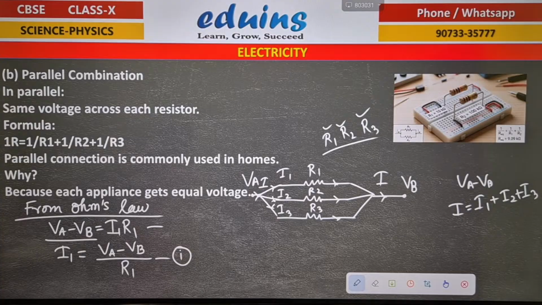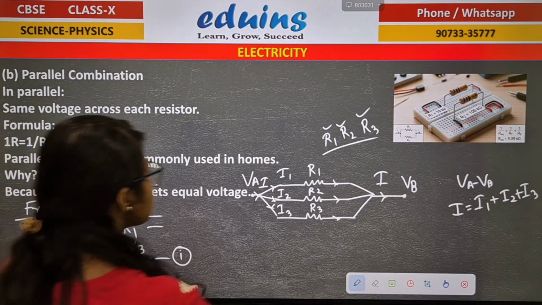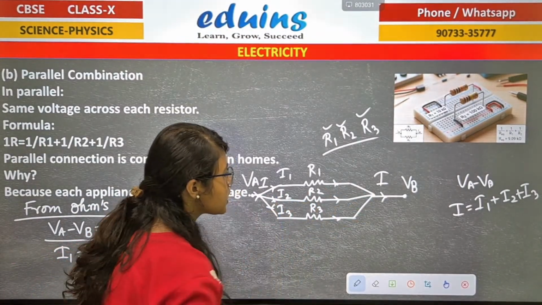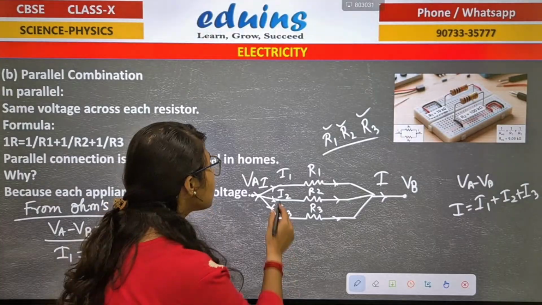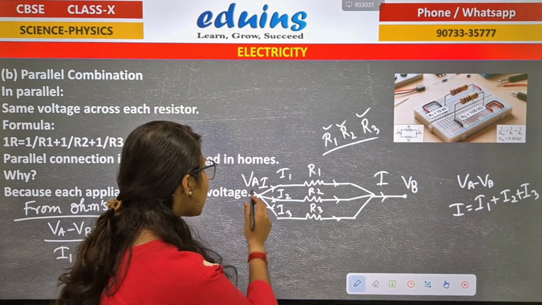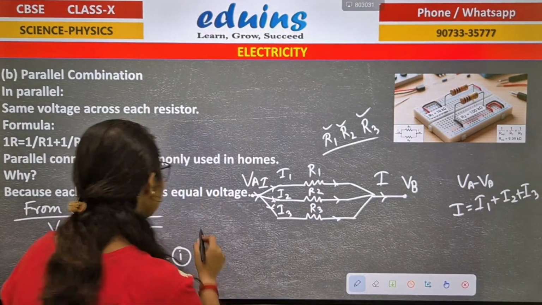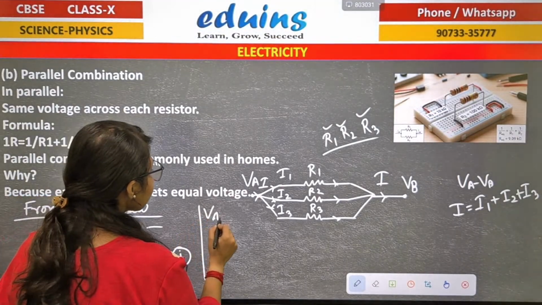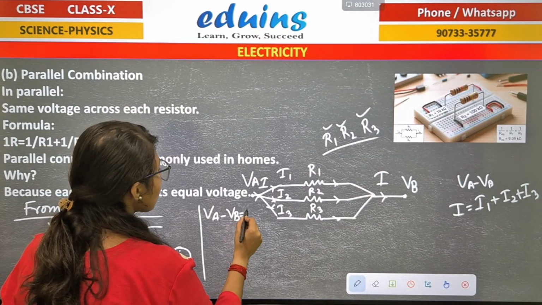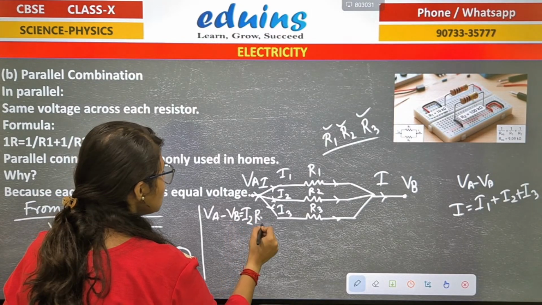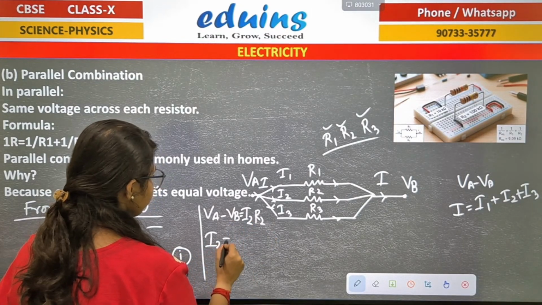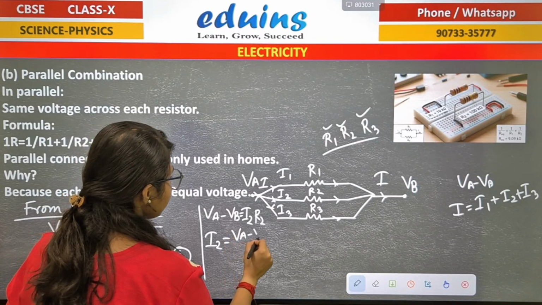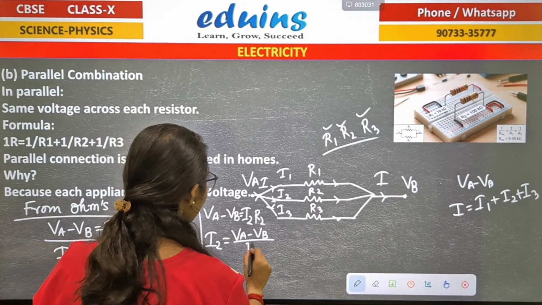Similarly, we can get 3 equations from this. For the R2 resistance, the current flow is I2 and the potential difference is also the same, VA minus VB. So VA minus VB is equal to I2 R2, so I2 is VA minus VB by R2.